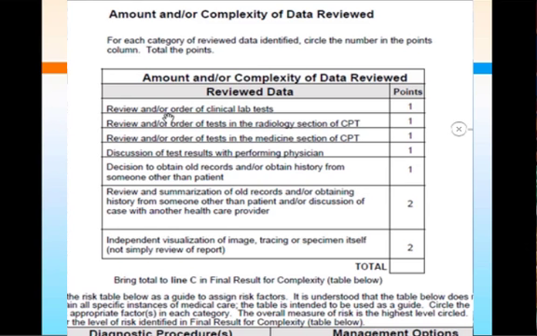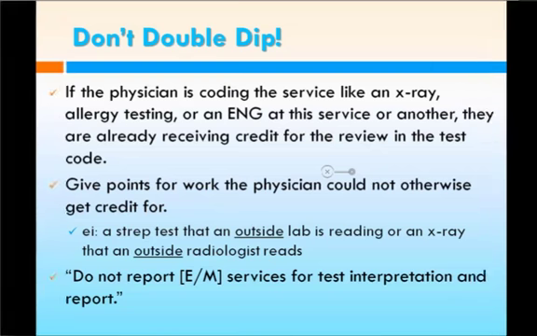I had a few questions about this area today, and the main thing that I want to emphasize is that you don't double dip. So if the physician is coding the service, like an X-ray, and let's say allergy testing in our medicine section, he would be getting credit if he was the reviewer and not actually billing that code. You give the diagnostic procedure points for work the physician could not otherwise get credit for, such as a strep test that an outside lab is reading or an X-ray that an outside radiologist reads.